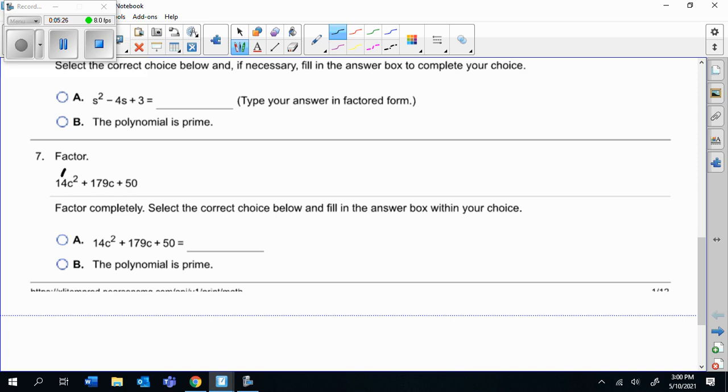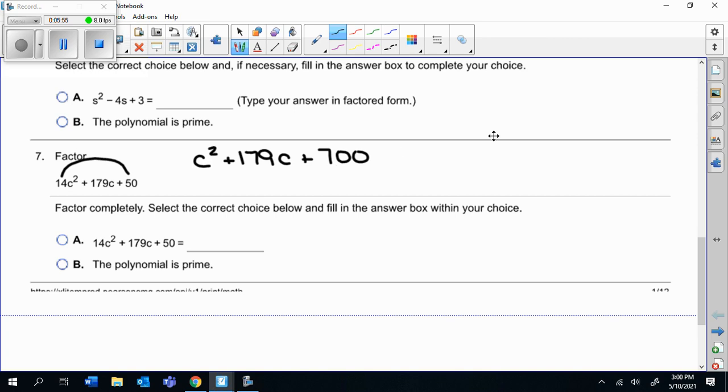So you're going to be able to watch me once again. The one I saw that was on the test when I chose it was not this complicated. It's slip and slide. So multiply the front coefficient to the back. And 14 times 50 is 700. So I need two things that multiply to 700 that add up to 179.